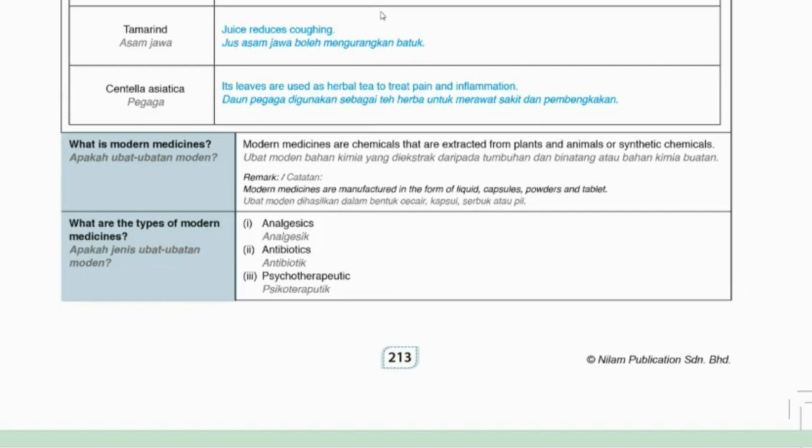Okay. So class, can you tell me what is the main difference between modern medicine and traditional medicine? Anybody know? Or anybody want to try? How to differentiate whether it's modern medicine or traditional medicine, class?